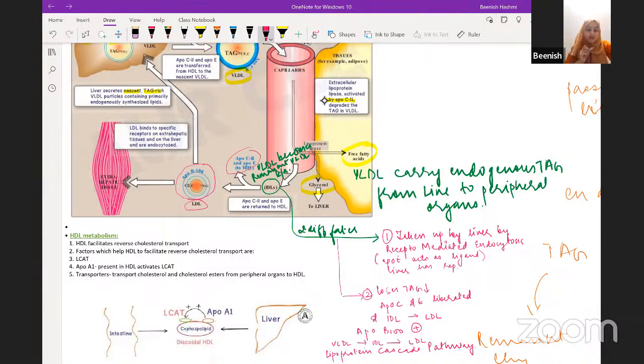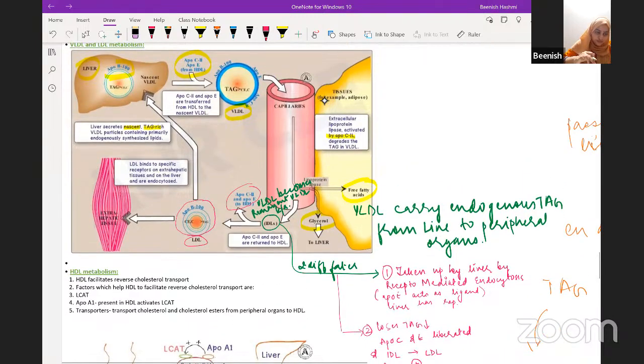Now this LDL again has two different fates. 70% of the LDL is taken up by the liver, again by receptor-mediated endocytosis, and ApoB100 is going to act as the ligand, and the receptor for this ApoB100 is present on the liver surface.